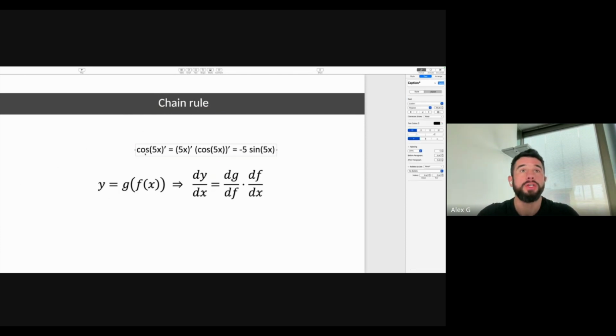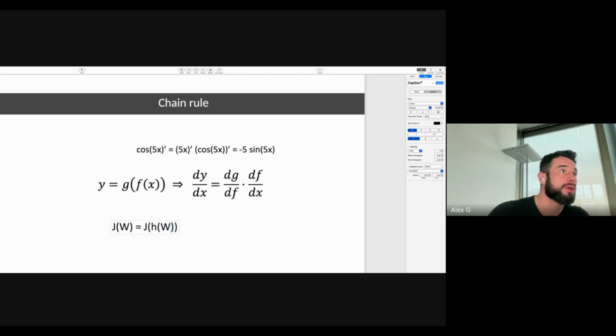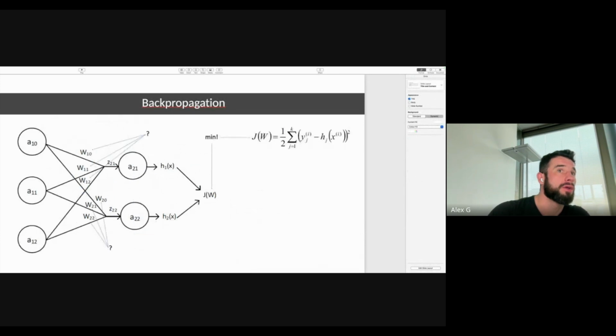You have a function of another function, and that function is also a function of another function. J from W, which in its turn is a function of H, and H is also a function of the weights.